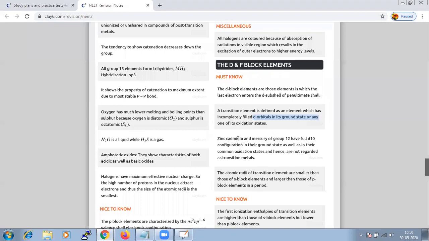For example, zinc, cadmium and mercury of group 12 have full d10 configuration in their ground state as well as in their common oxidation states, and hence these are not regarded as transition metals. It is an exception.